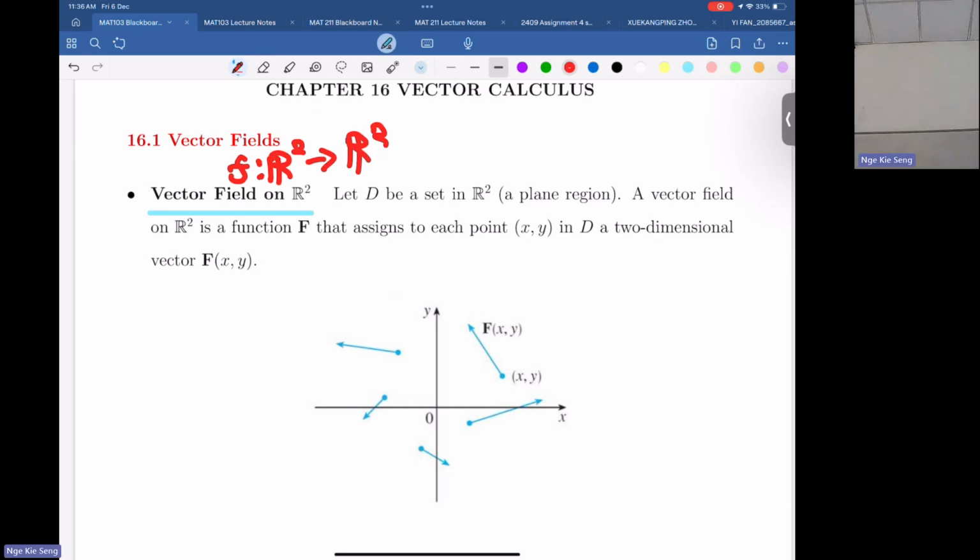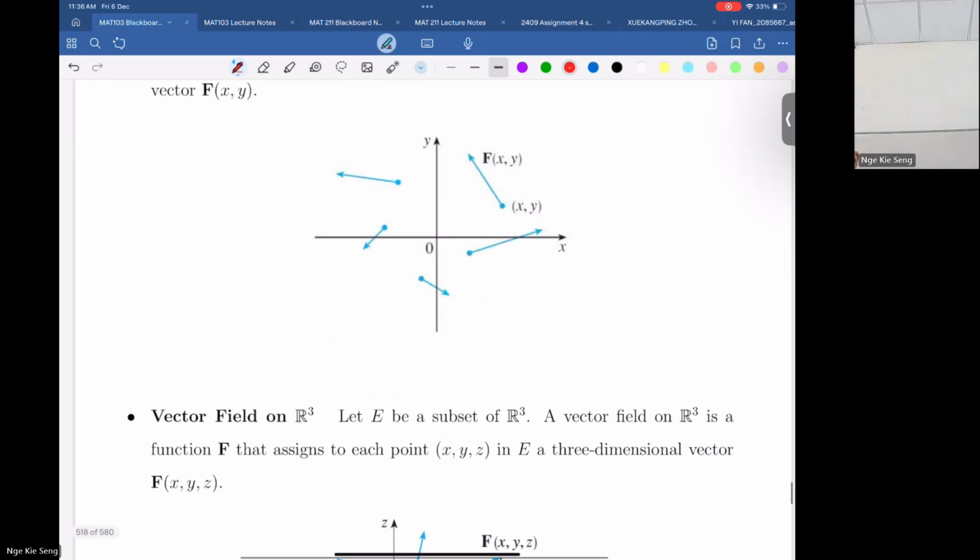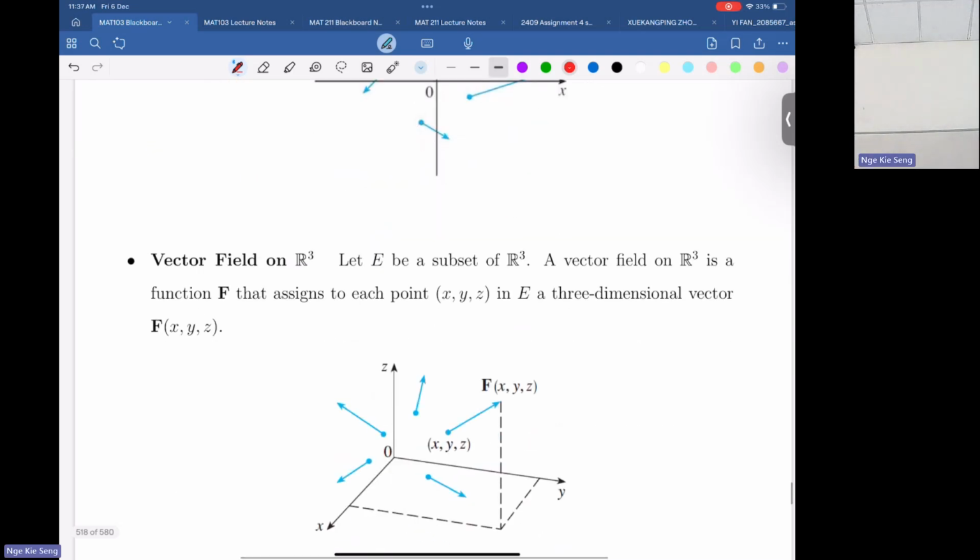Let D be a set in R2. A vector field is a function that assigns to every point (x,y) in the domain a vector, a two-dimensional vector. Similarly, for a vector field on R3, on each point we attach a vector in R3.